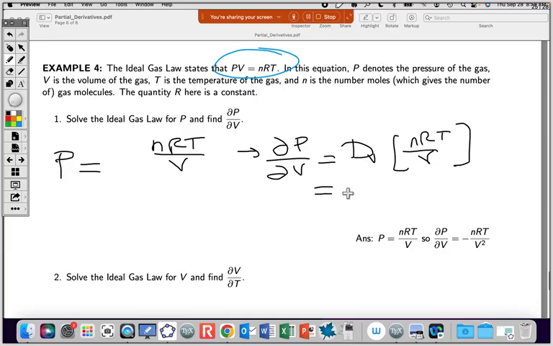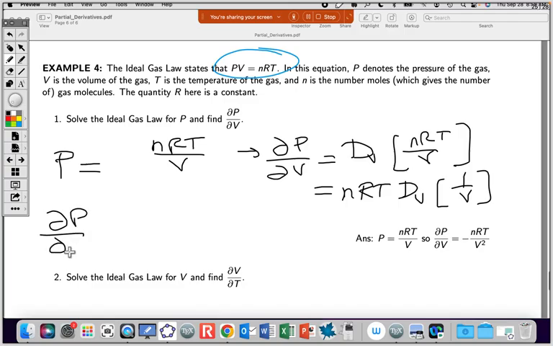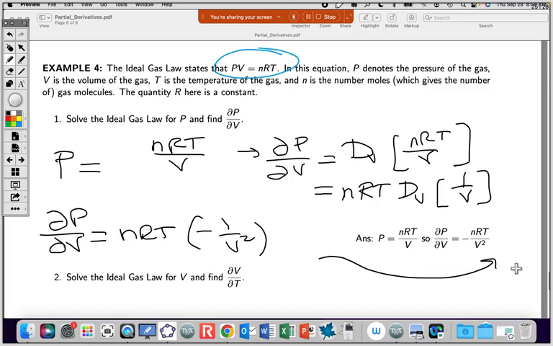So I could bring the nRT all out front. And what's the derivative of 1 over V? Minus 1 over V squared, which gets you to here.